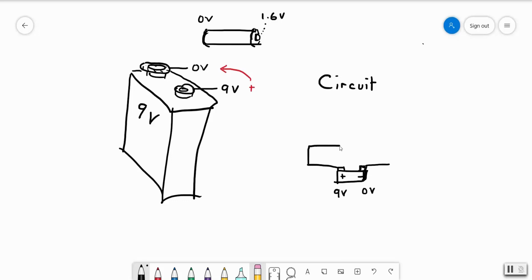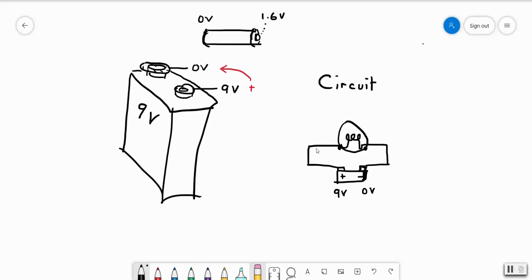And then I can put a bulb on the different terminals of my battery. My bulb is going to have a little node on one side and a little node on the other.